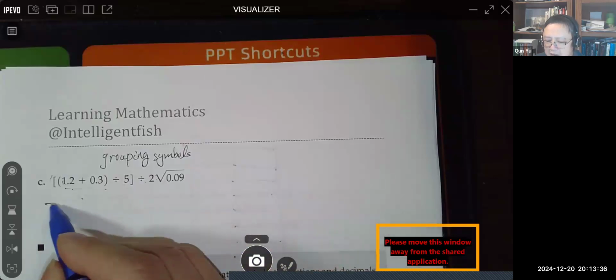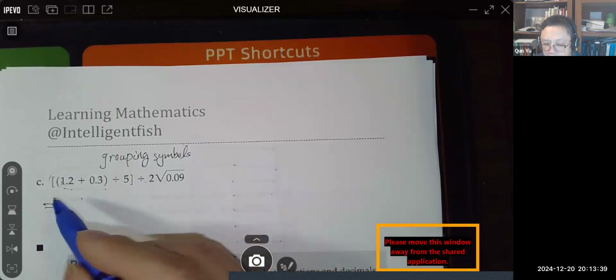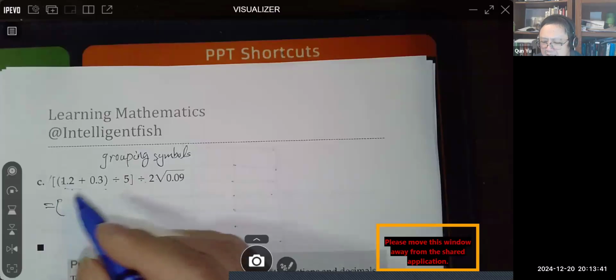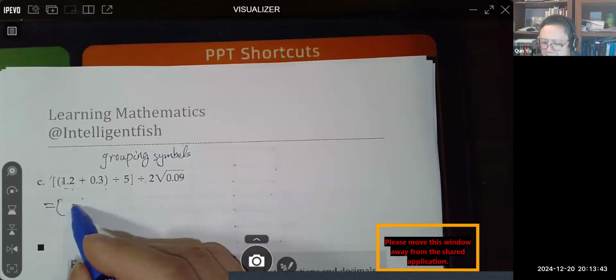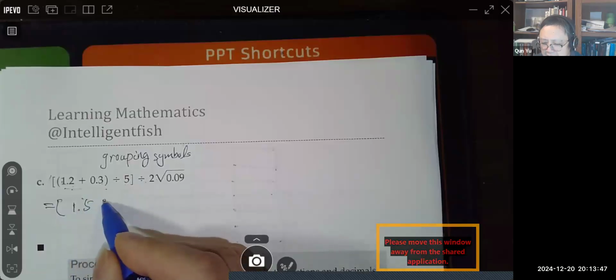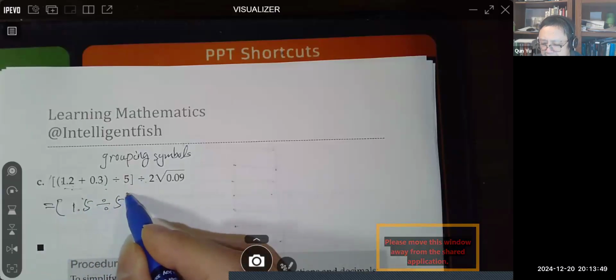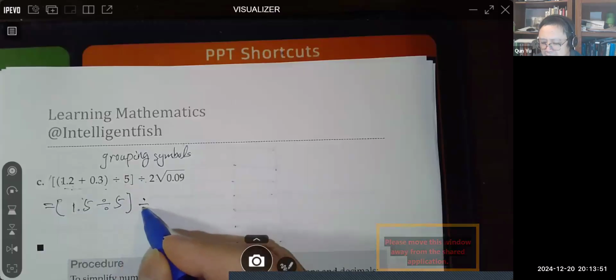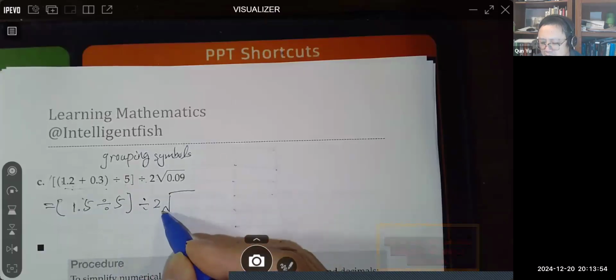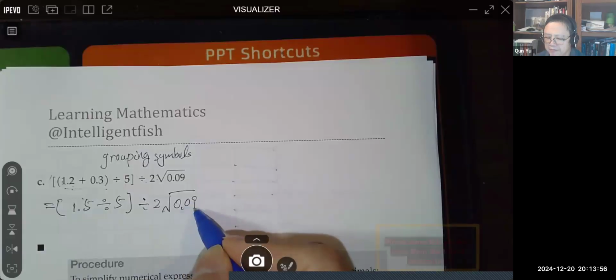So let's work out this bracket first. I'm going to do it step by step again. Addition, we get 1.2 plus 0.3, that's 1.5. Then divide by 5 and divide by 2 times the square root of 0.09.